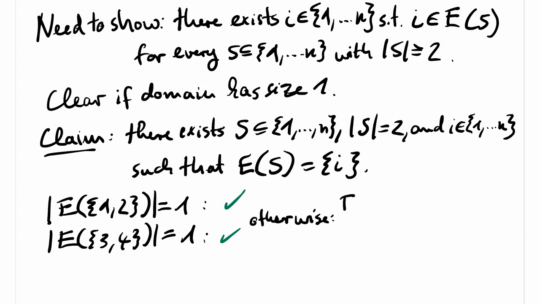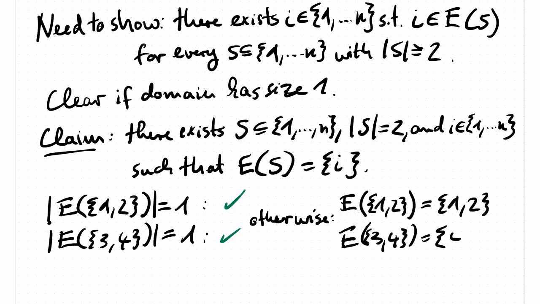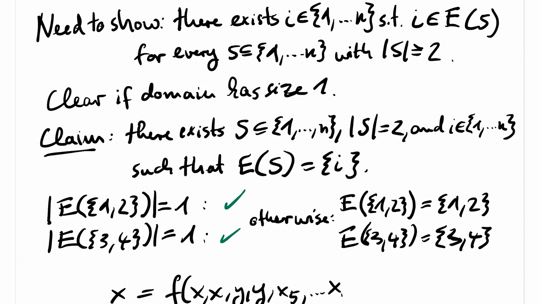Otherwise, E of 1, 2 equals 1, 2 and E of 3, 4 equals 3, 4. But this is impossible, because then the function f, where we equate the first two arguments, and the third and the fourth argument, must be equal to x, and it must be equal to y, for all x and y, which is only possible if the domain has size 1.